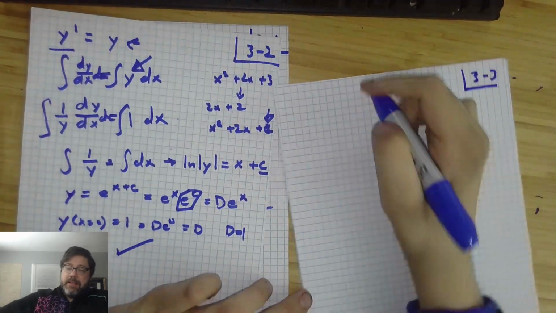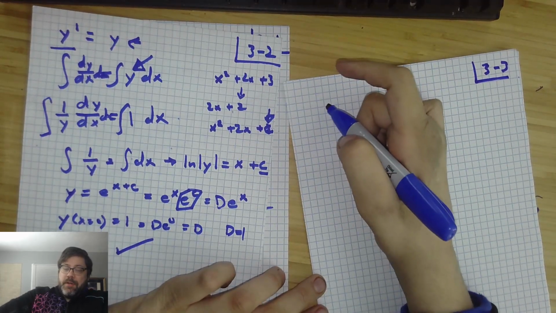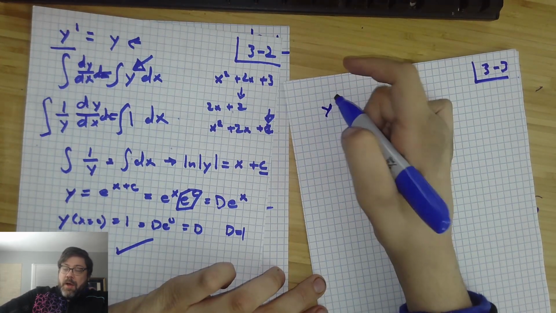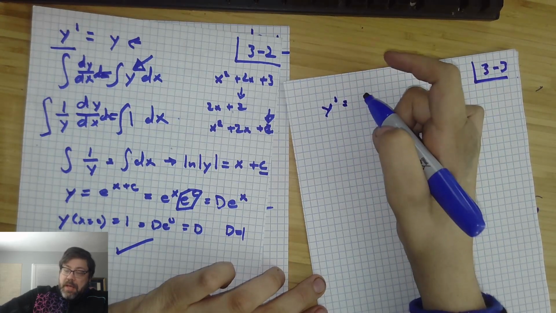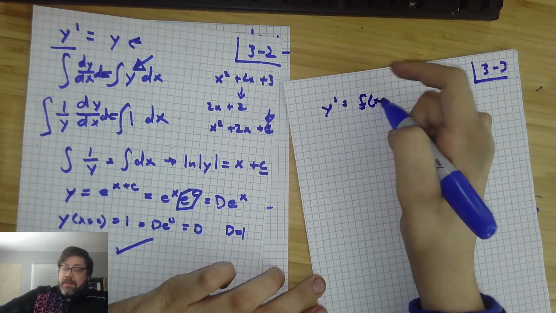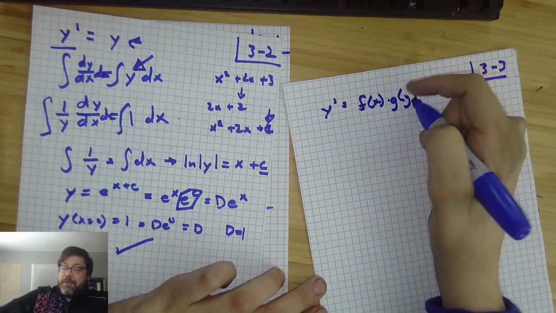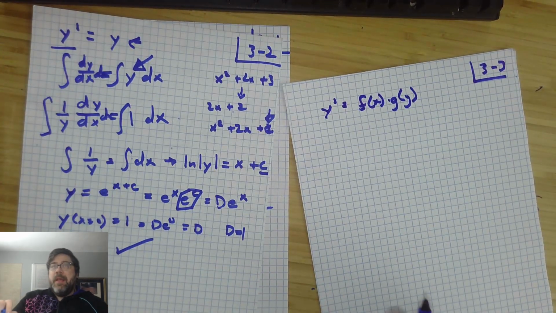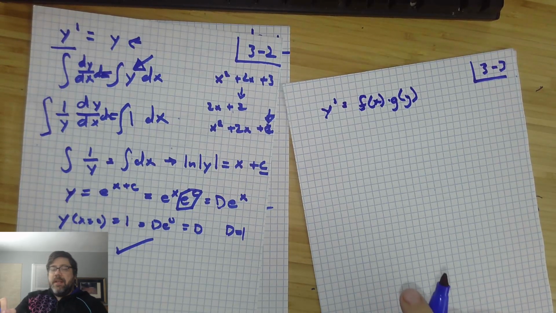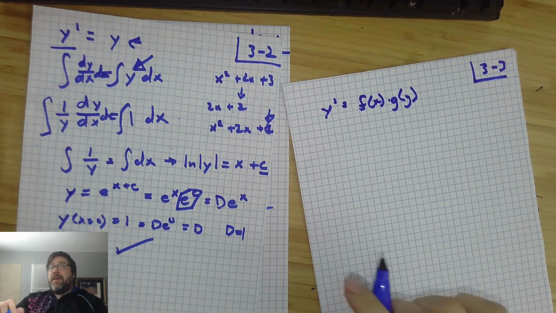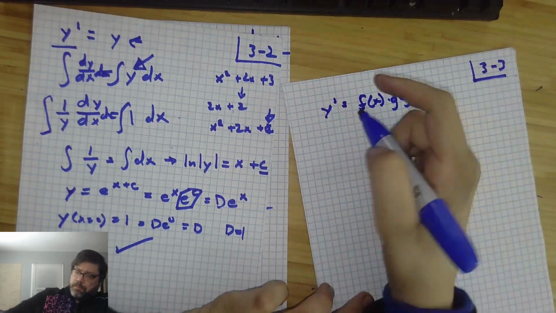As long as I can write my equation as y prime equals some function of x times some function of y, and I'm just calling them f and g to keep them separate, as long as I can do this, then I can solve things in this very simple way, right?